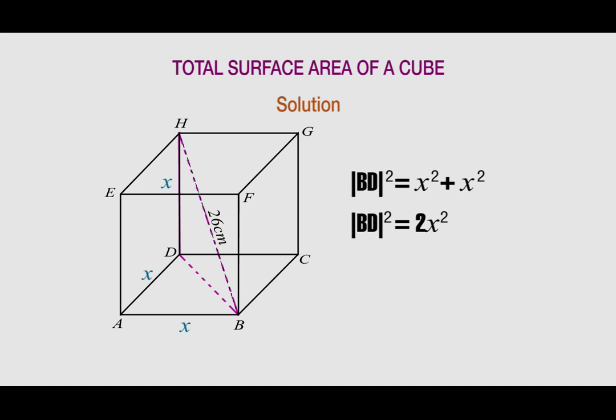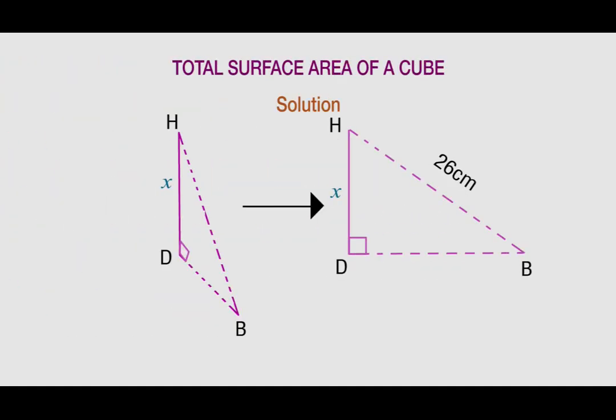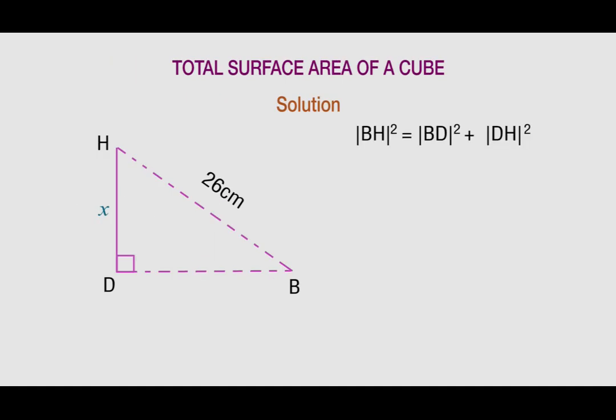Now, let's consider triangle BDH. Again, we apply the Pythagoras theorem, and we will have BH squared equals BD squared plus DH squared. We know our BD squared. So if we do a substitution, then we have BH squared equals 2x squared plus x squared.